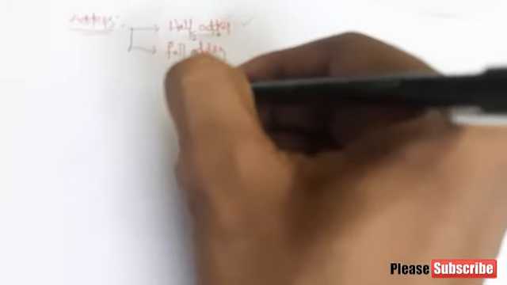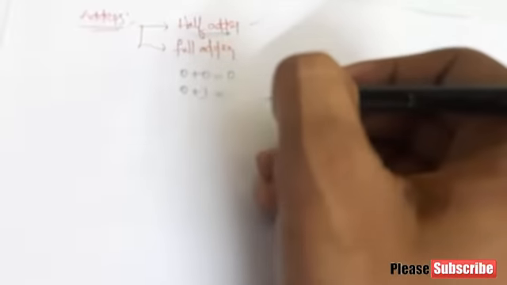Let's see. If you take 0 plus 0, you will get the sum as 0. If you take 0 plus 1, you will get the sum as 1.